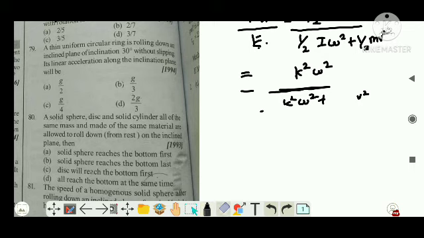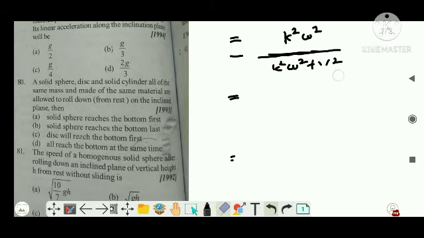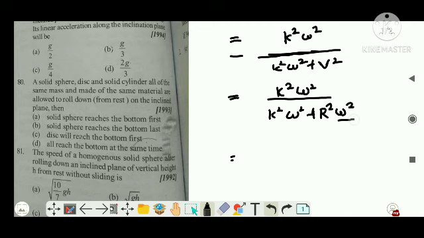Now v is equal to r omega, right? So it is k squared omega squared divided by k squared omega squared plus r squared omega squared. Now omega squared is common, so I can remove that.